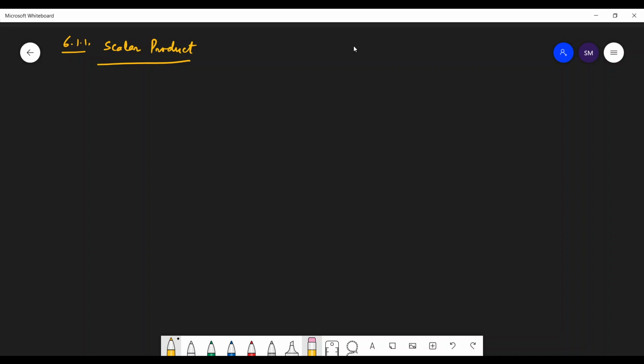Vector algebra in itself is a part of mathematical physics, but here we will deal with majorly two things: addition and multiplication of vectors.